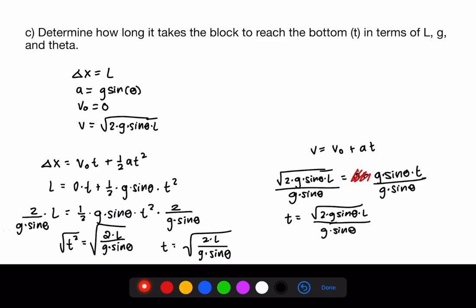However, we can simplify this. To get the denominator into the square root, we're simply going to have to square it. So t equals the square root of 2 times g times sine theta times L all over g times sine theta squared. Now, one of the g times sine thetas on the bottom is going to cancel with the g times sine theta on the top. So we're still going to have 1 g times sine theta on the bottom. So we will get that it's the square root of 2 times L over g times sine theta. Same answer as the other equation.